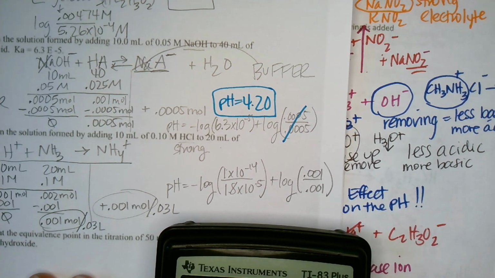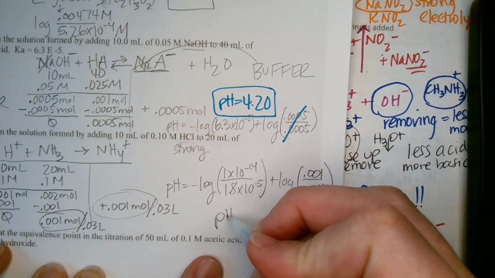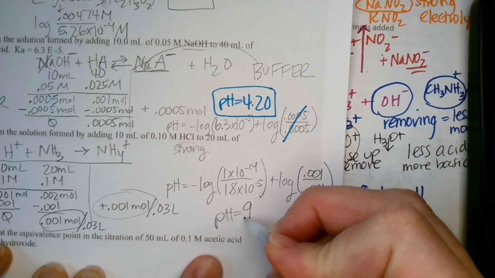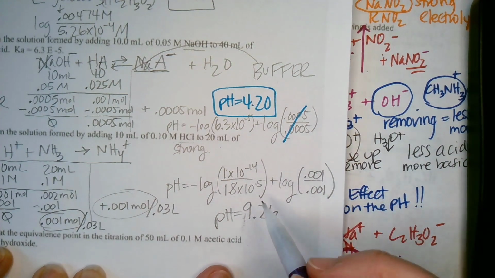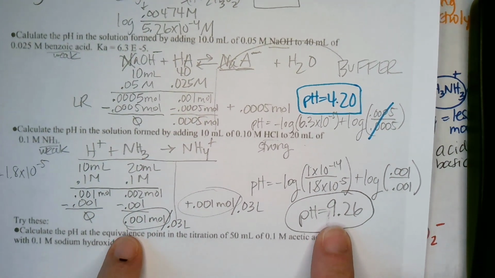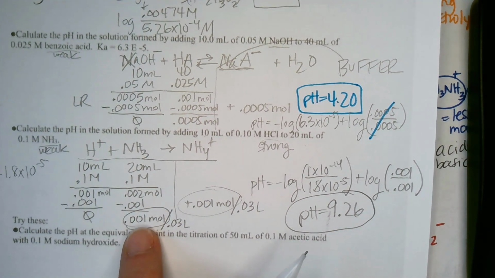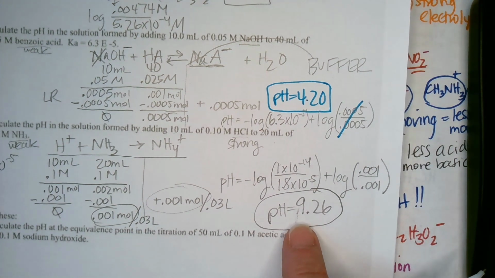And notice that we get the same answer, 9.26 as our pH. And just to go back and see if this makes sense, we know that we had excess base, right? So our pH being at 9.26 is on the basic end.